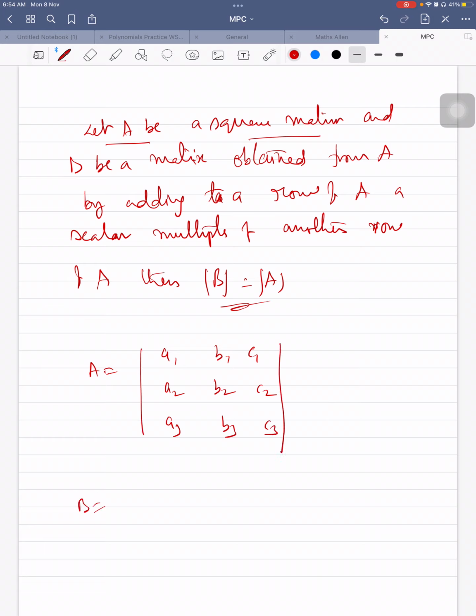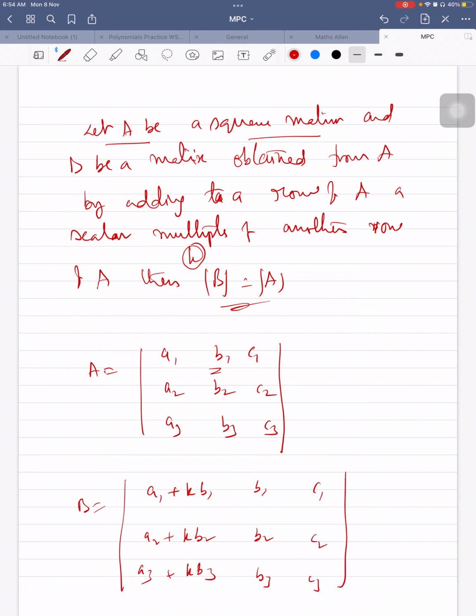Let the scalar multiple be K, and multiply one of the rows or columns and add it to the first one or second one, that is A1, A2, A3 plus or minus KB1, KB2, KB3, B1, B2, B3, C1, C2, C3. These two are the same. Determinant of A equals determinant of B.